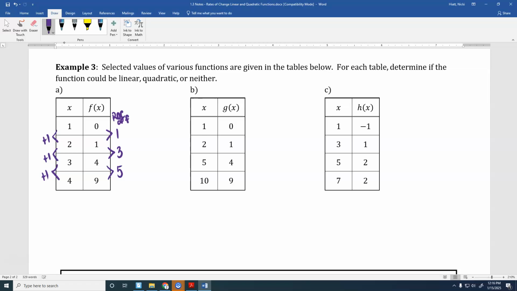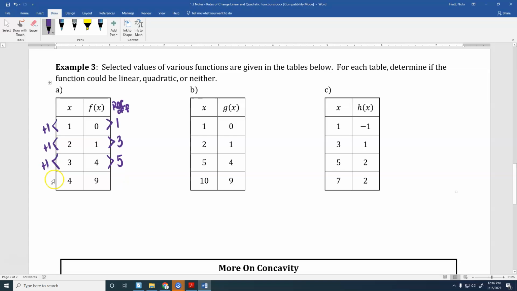Is this linear? This function f of x is not linear, because if it is linear, we will see the same number every time there. If we're increasing by equal length values, we will see the same number every time here. That's not happening, so this is not linear. One way I like to look at this is as a second difference. So this is the rate of change of f.